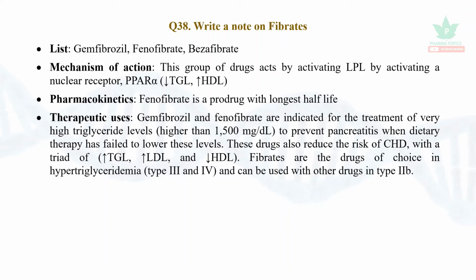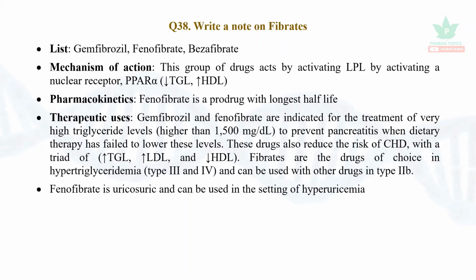They are also used to reduce the risk of coronary heart disease, where there is a triple combination of increased TGL, increased LDL, and low HDL. They are the drug of choice for type 3 and 4 and can be used with statins, that is type 2B. Fenofibrate is a uricosuric agent and it can be used in case of gouty arthritis also.